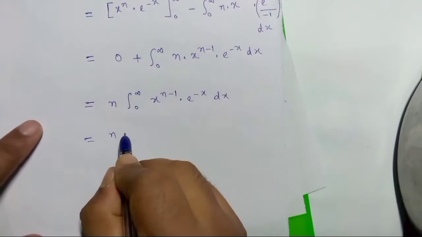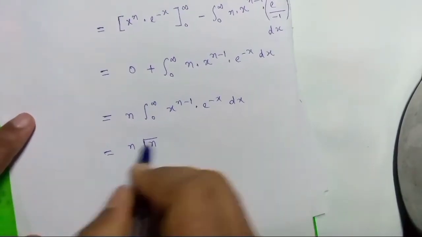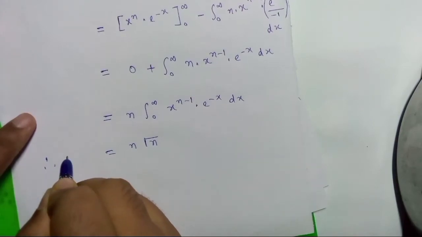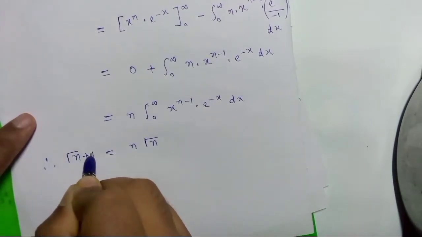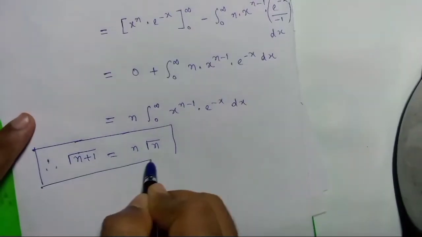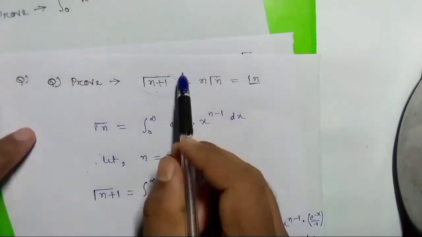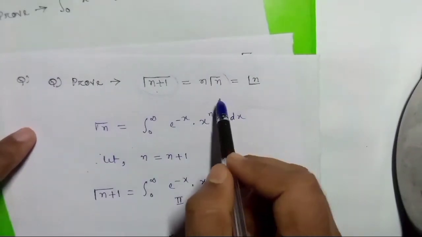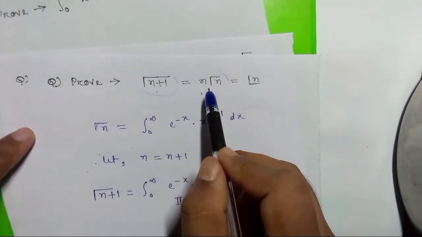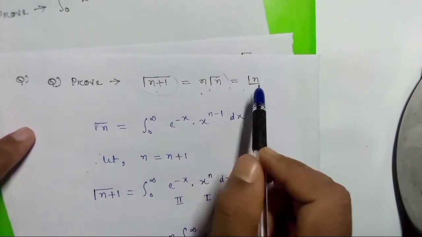Therefore we get n times gamma of n. So the first one is proved. Now we prove that n gamma n is equal to factorial n.